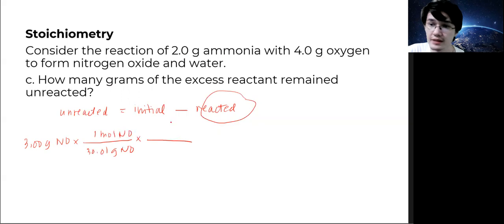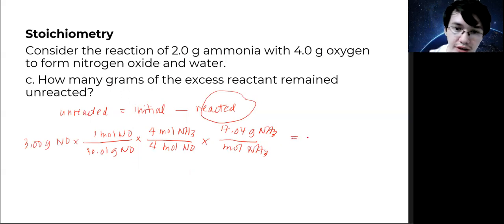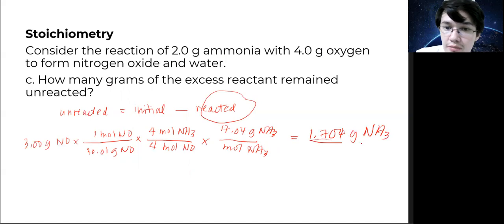So same procedure again, we make use of the chemical equation. We have... then since our excess reactant is ammonia, that is what we determine how much was consumed. So using that, we consume 1.704 grams ammonia in the reaction. This is the reacted.